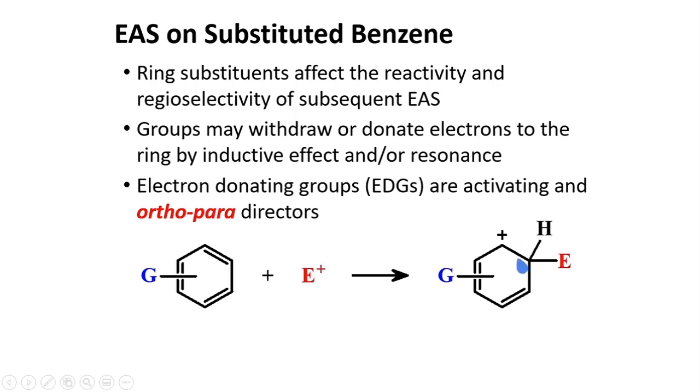This is because, for example, once your electrophile forms the initial bond to the ring and a carbocation is generated, if the ring substituent is at the ortho position, for example, if it's attached here, it can stabilize that positive charge directly by electron donation.